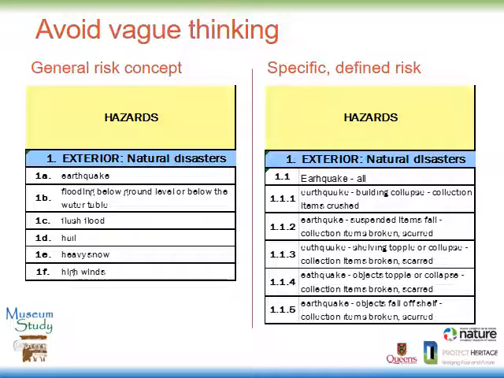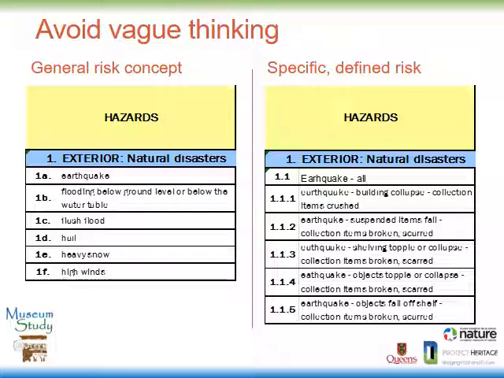And we see in the examples in the REPP workbook, we've got things like earthquake, or just flooding, or flash flood, heavy snow. Well, heavy snow can be a hazard, but we really want to explain that in terms of what path that hazard can take to get at the collection and what kind of effect it might have.